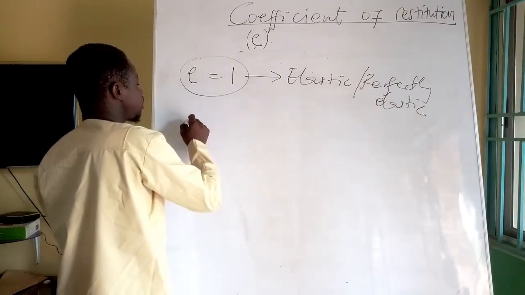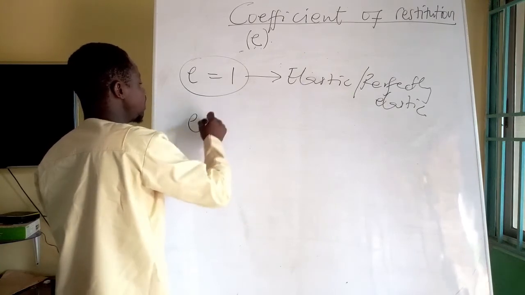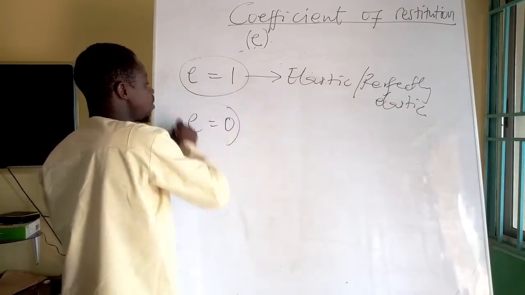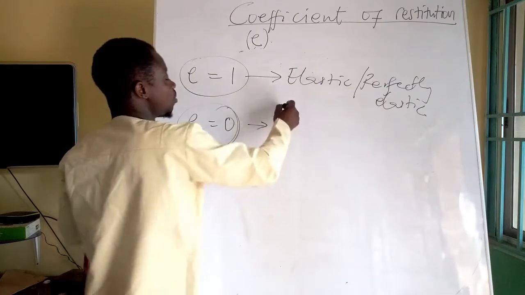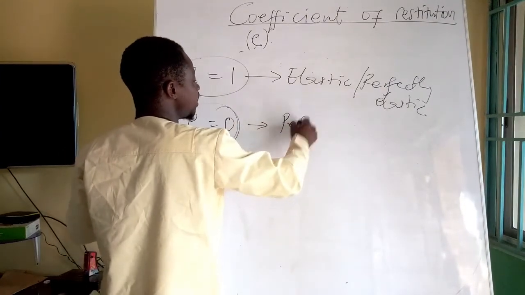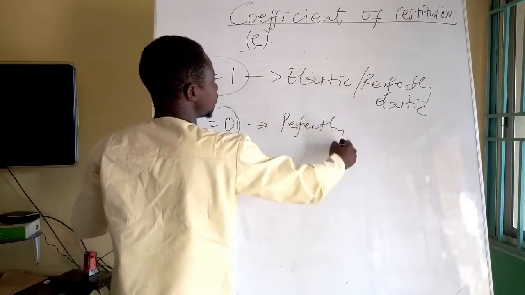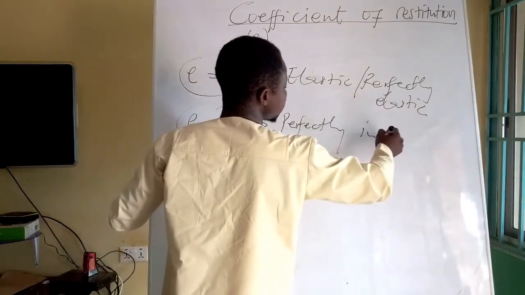But when the value of E is equal to 0, that is, when the coefficient of restitution is 0, the collision is perfectly inelastic.